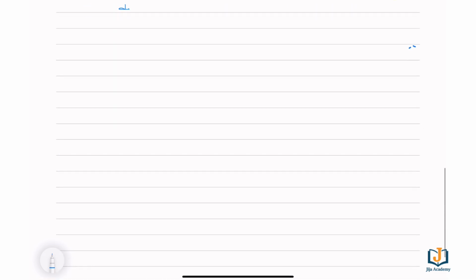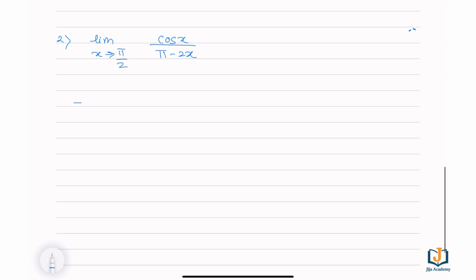Moving to the next problem. Next problem is the limit as x tends to pi by 2 of cos x divided by pi minus 2x. So here again we are using the right hand side limit. So the limit as h tends to 0 of cos of pi by 2 plus h divided by pi minus 2 times pi by 2 plus h.